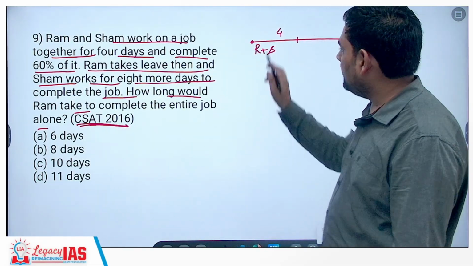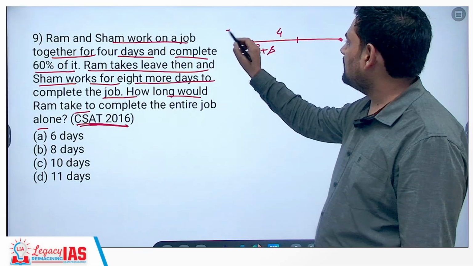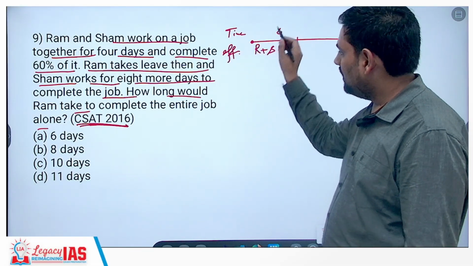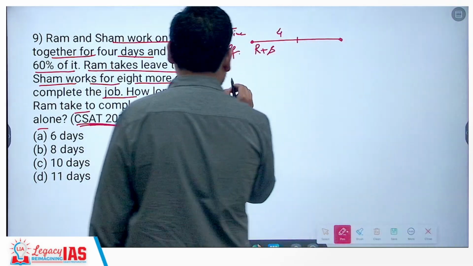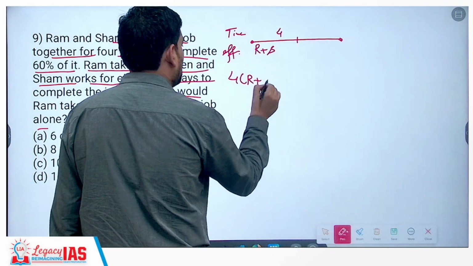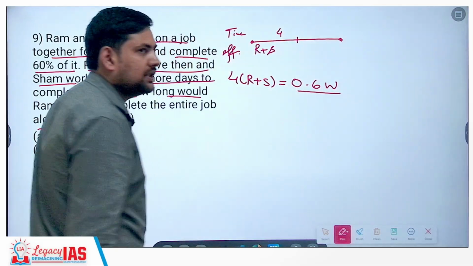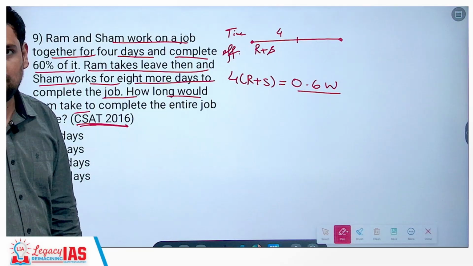And complete 60% of it. So this is time, this is efficiency. Now this is 60% completed.